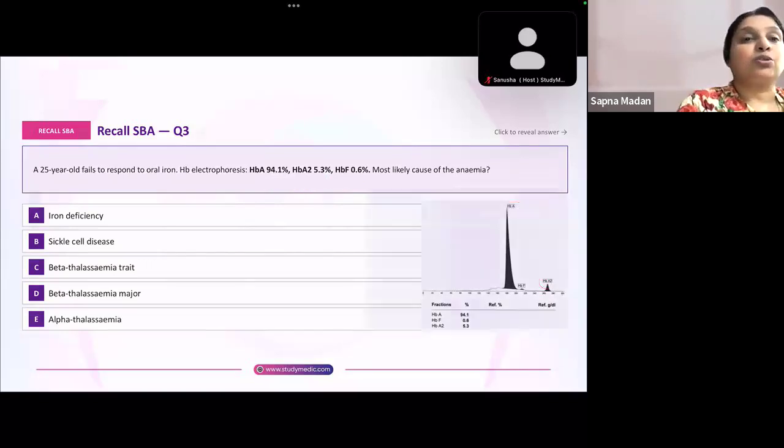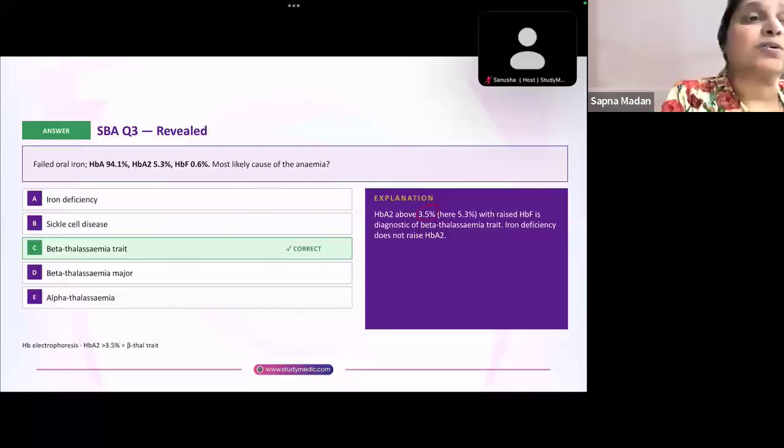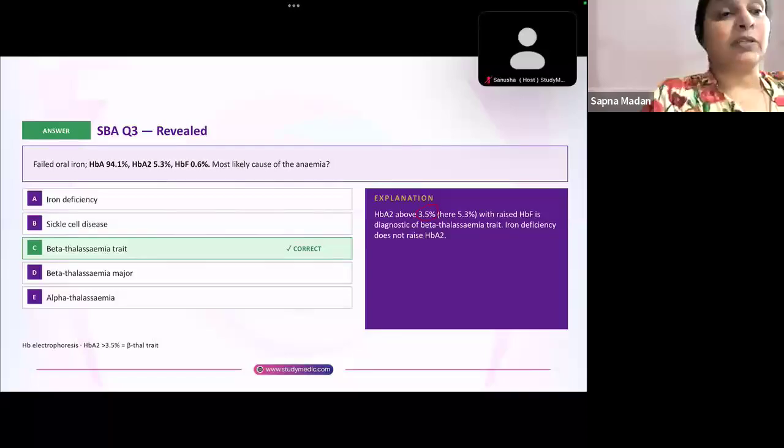So the answer here is beta thalassemia trait, because anything above 3.5 is considered beta thalassemia trait. Why is this not beta thalassemia major? Because the adult hemoglobin fraction is the major one, not the fetal hemoglobin.